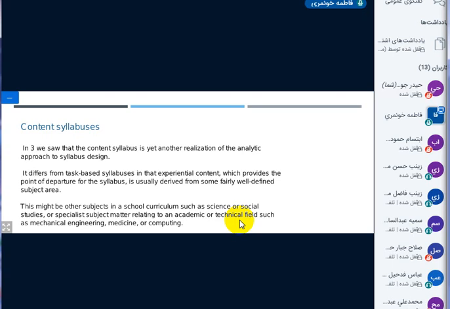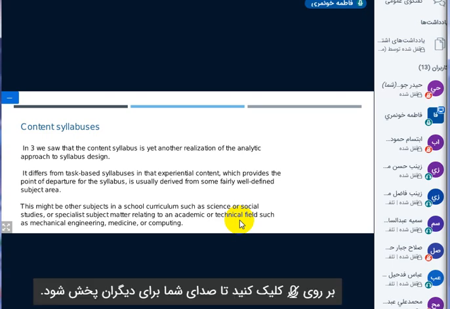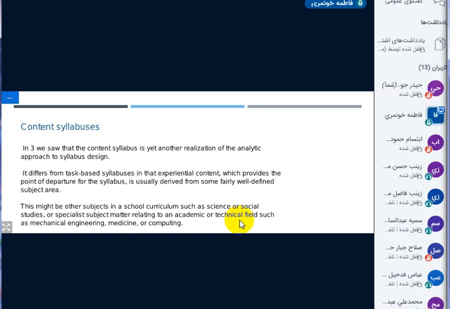Content-based instruction has proven to be very successful in many, many areas of the world. Because again, just like task-based syllabuses, the students' attention is focused on a particular content. Grasp of content is very important to them, and in order to do that, they need to develop their linguistic abilities to understand this content well. So there were some problems with simple content-based instruction.